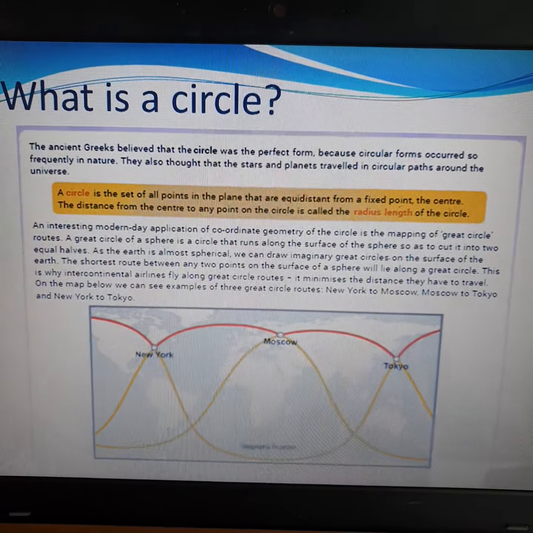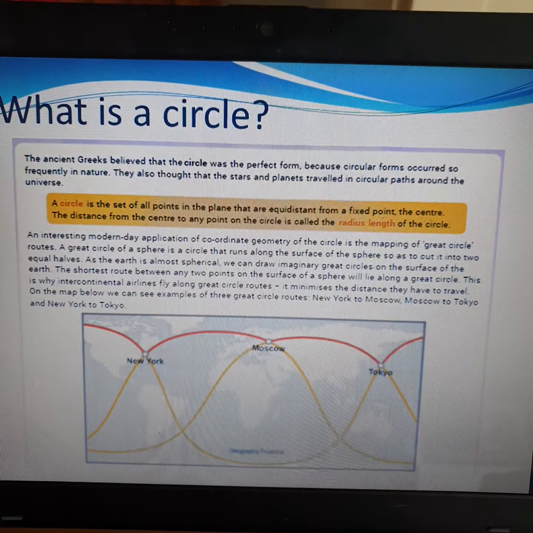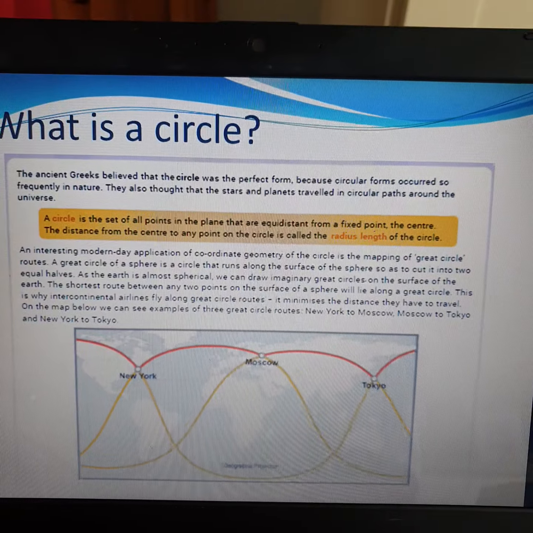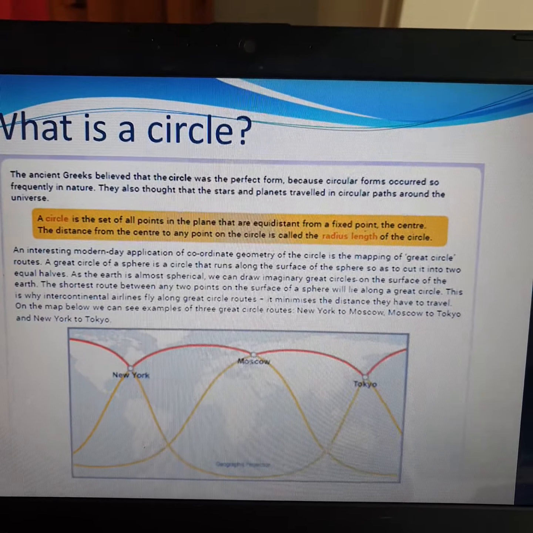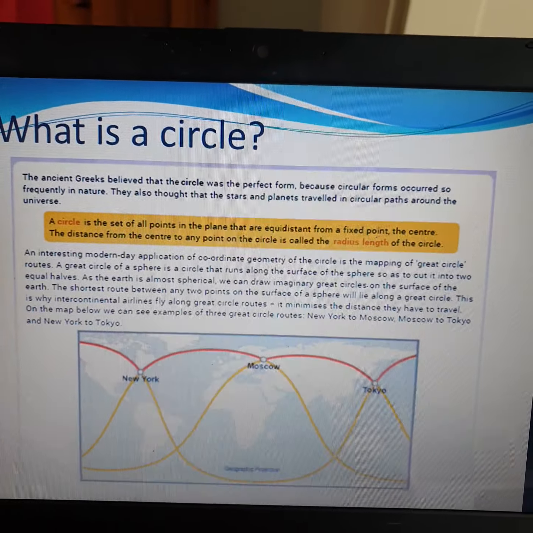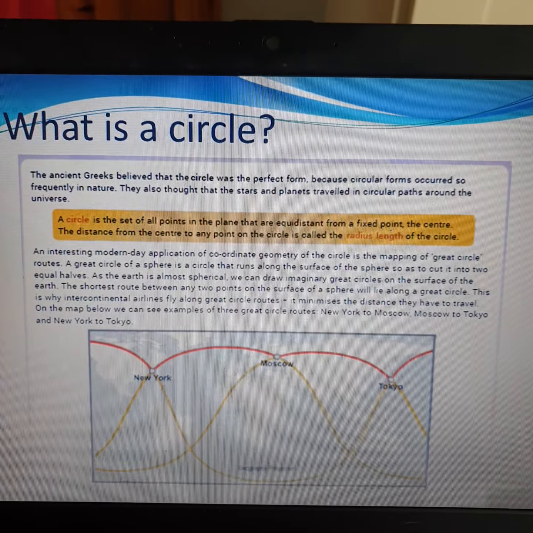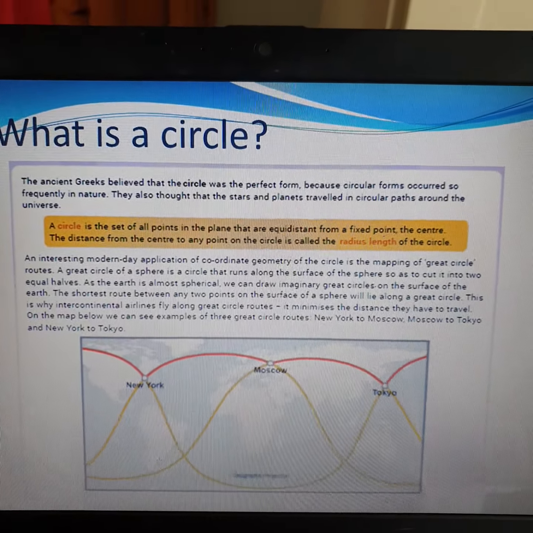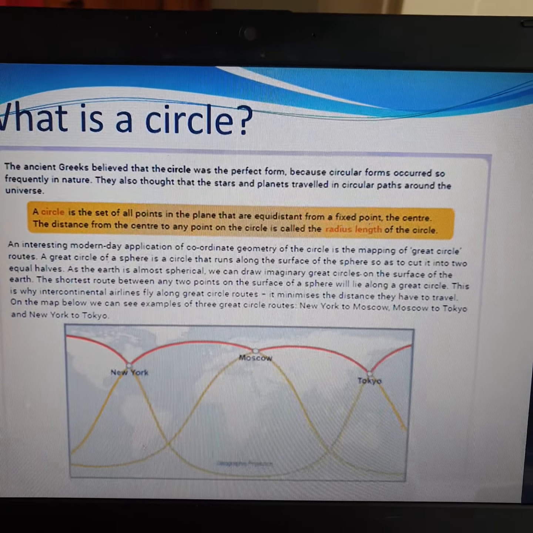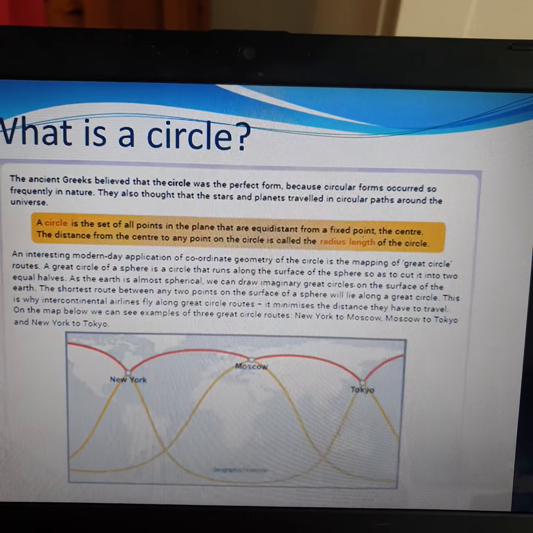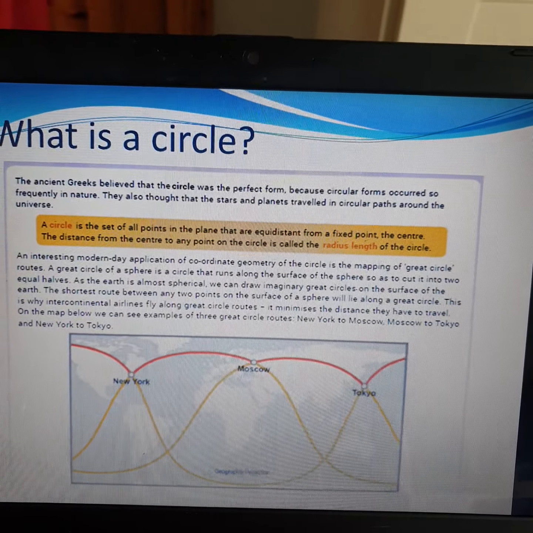This is why intercontinental airlines fly along great circle routes. It minimizes the distance they have to travel. So this is how it's used in everyday life when they're planning their map or destination and distance. On the map below, we can see the examples of 3 great circle routes: New York to Moscow, Moscow to Tokyo, and New York to Tokyo.